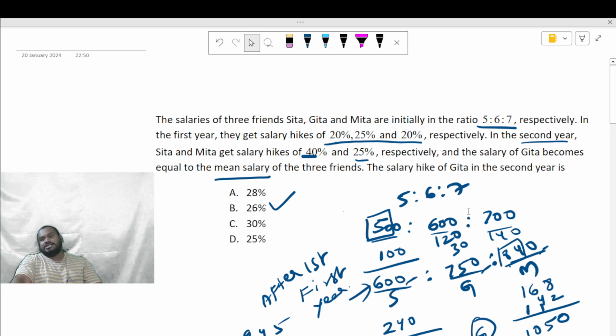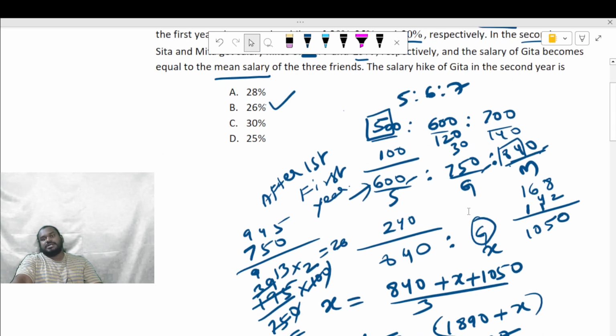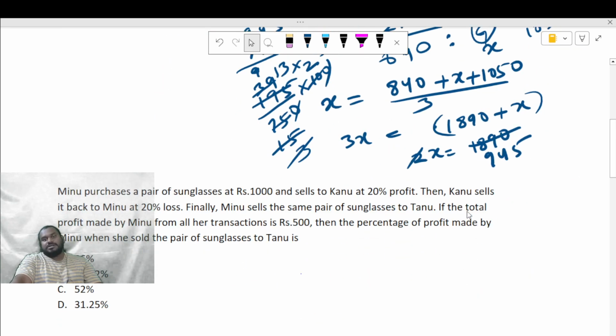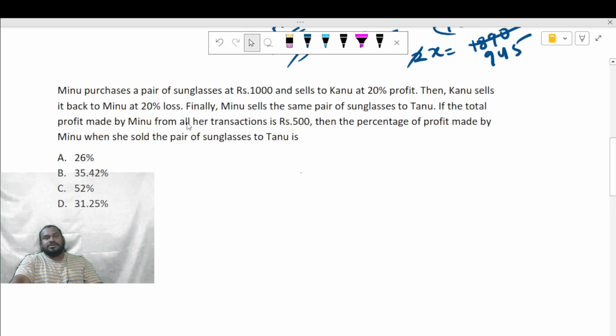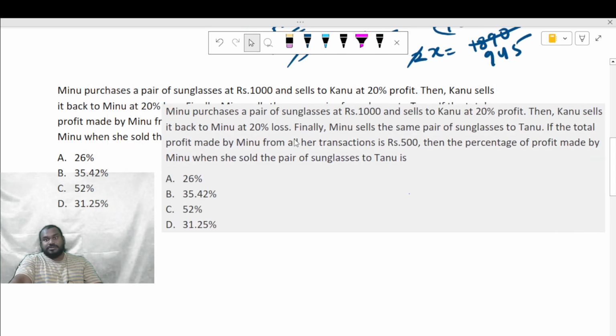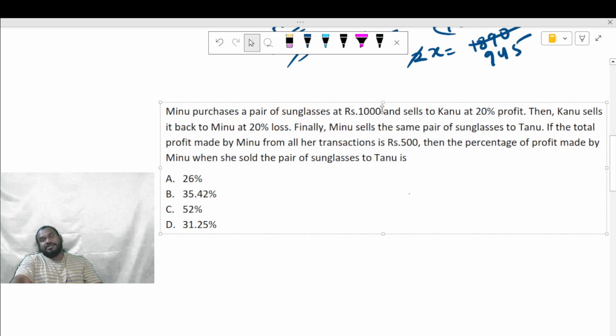Not like in CGL, where you have to solve one question in 1 minute, sometimes less than 1 minute. Don't worry that these are very tough questions and you're not able to do them. You don't have to think that way, because the time given there is more compared to SSC, and that's why the questions are like this. Okay.